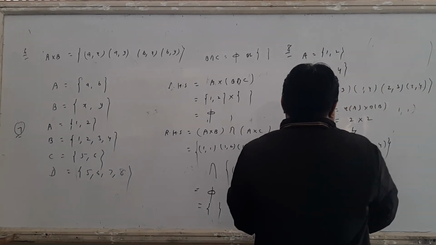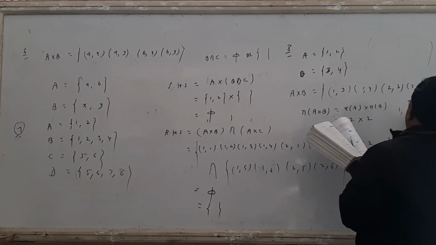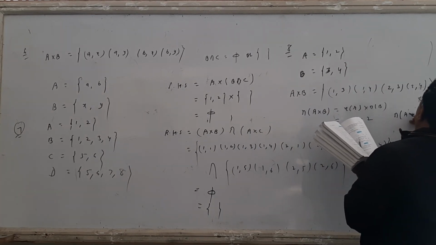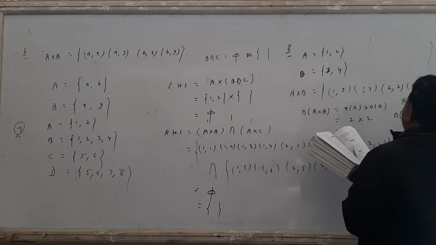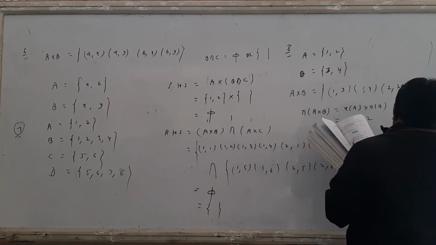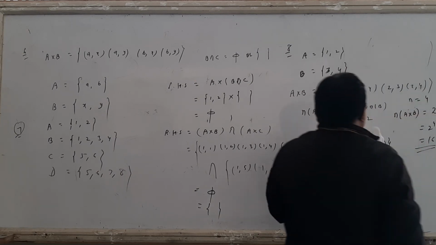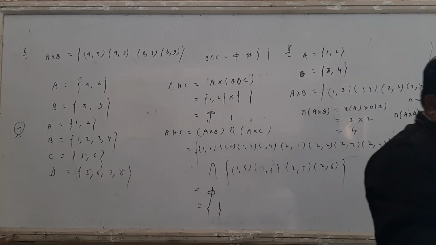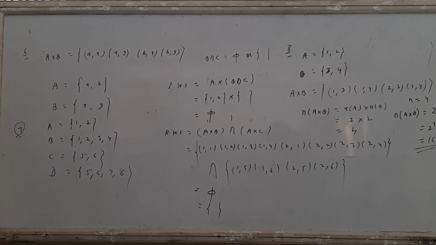Now find the subsets. What is the formula for the number of subsets? It is 2 raised to power n, where n is the number of elements, here n equals 4. That means 2 to the power 4, which is 16 subsets. Correct? So please students, solve this exercise.